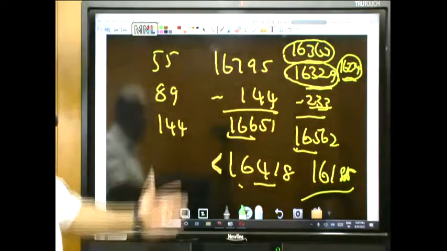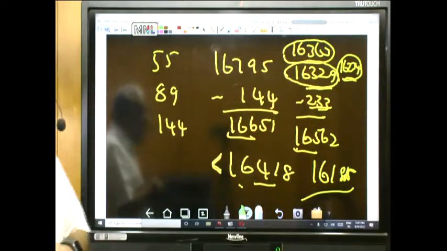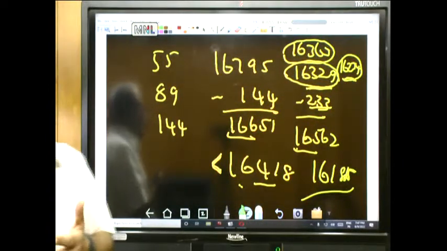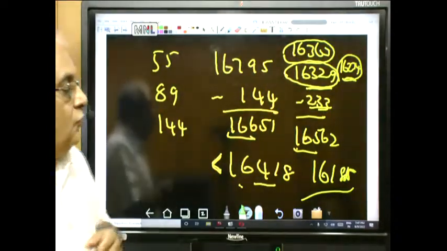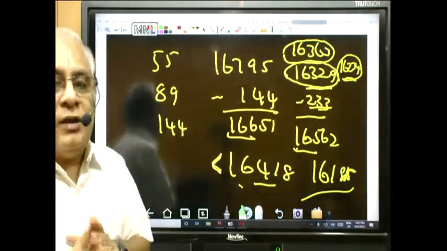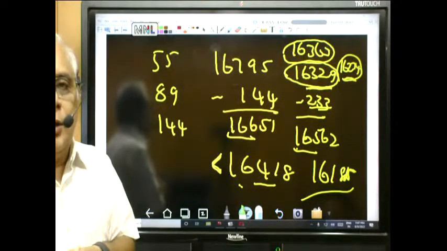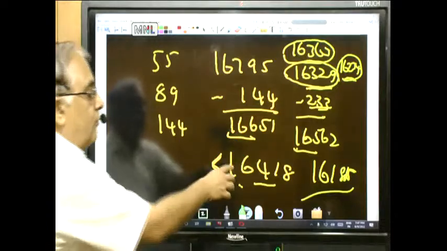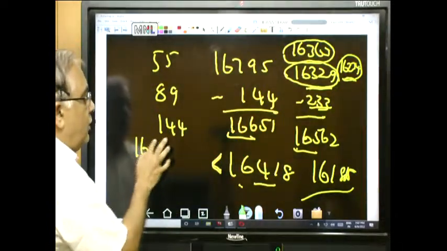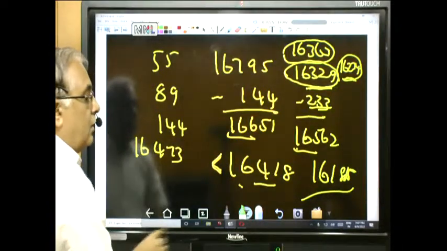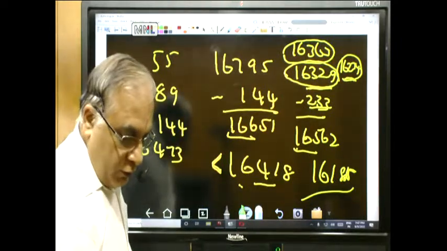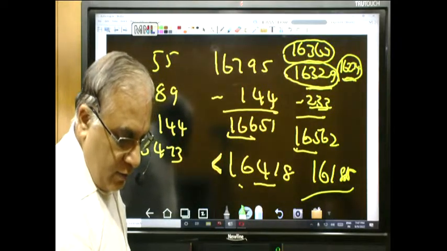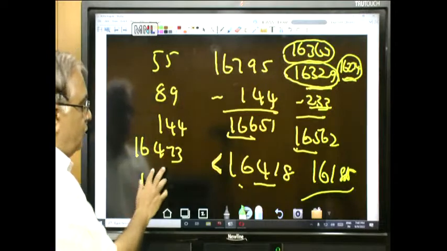Now this is 16,418. After that, you get between 16,418 and 562. If you feel it's a slightly bigger gap, then you can keep another 55 points. That would come to 16,473. Then 89 points, 16,418 plus 89, 16,507.